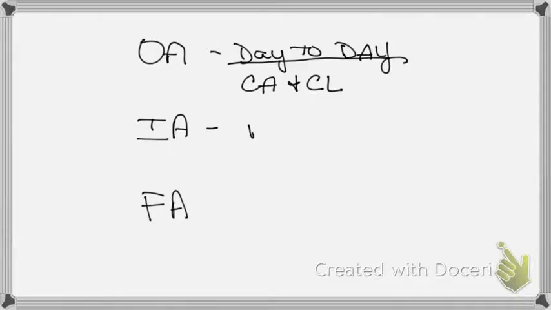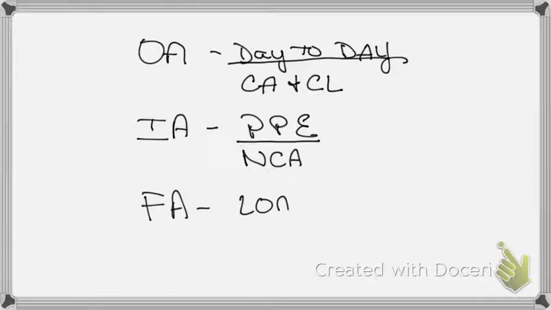Investing activities, we said, were property, plant, and equipment. What would we call that on the balance sheet? Think about it. What is property, plant, and equipment? Assets. What kind of asset? Non-current assets. And then financing activities, we said, were loans, stocks, and dividends paid.